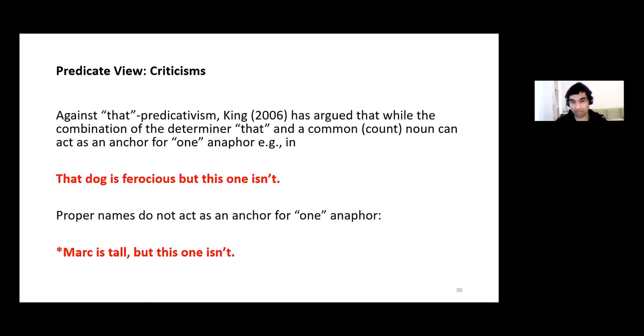So that shows that the determiner that, if it is present within proper names, must be semantically different from the appearance of that in sentences otherwise.